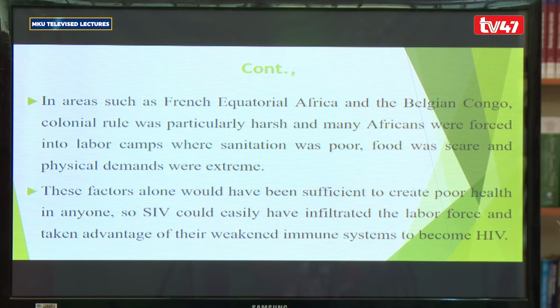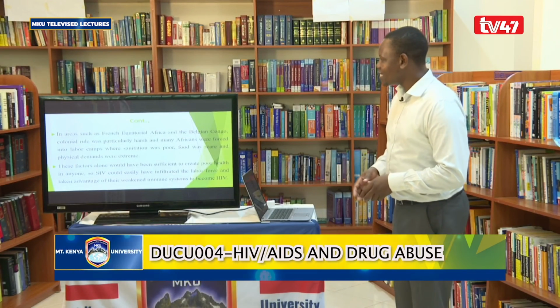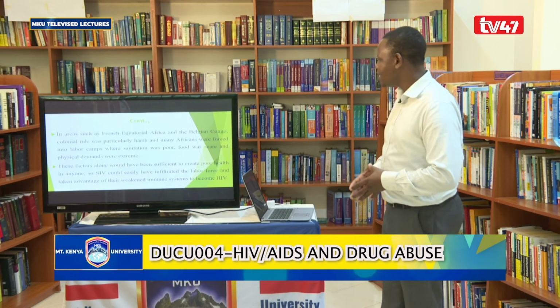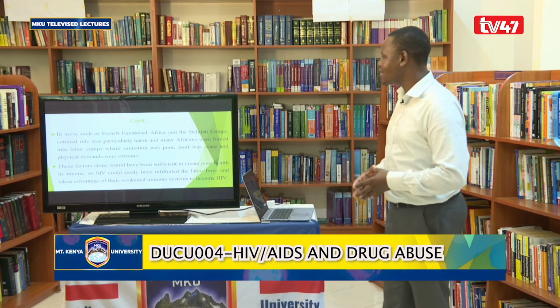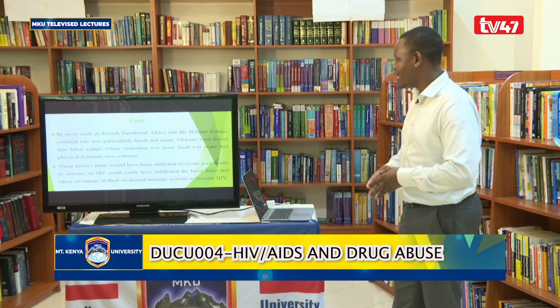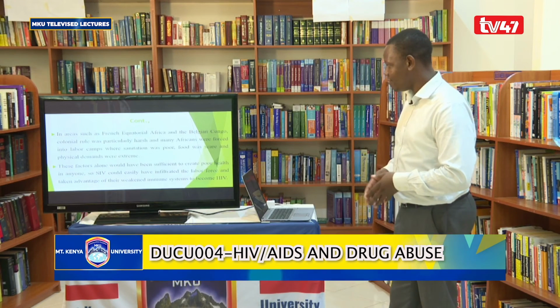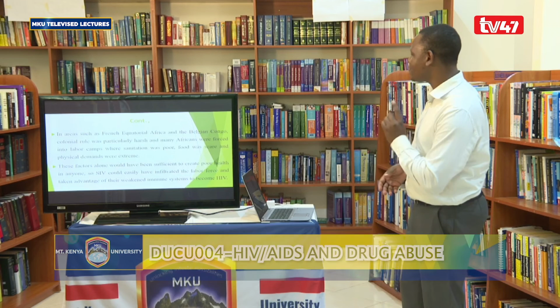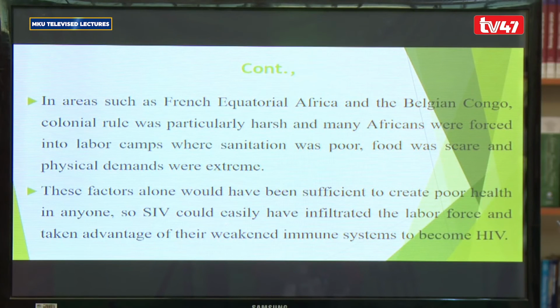And when people settle in one place, there are public health constraints, whereby we don't have enough water or sanitation, and even the environment itself is polluted. These factors alone would have been sufficient to create poor health in anyone. So HIV could easily have infiltrated the labor force and taken advantage of their weakened immune systems to become established.